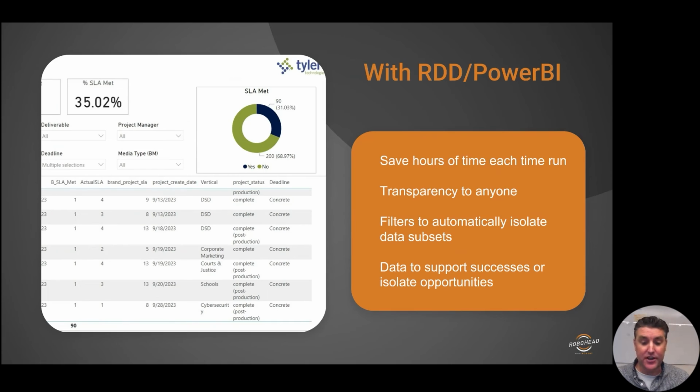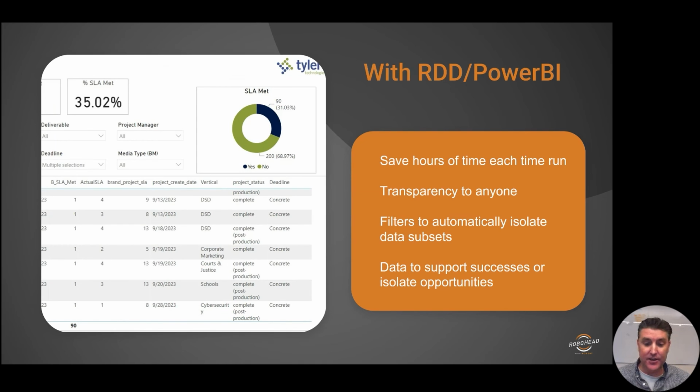So the integration enabled us to save hours of time for each report. It's available for anyone at any time to access with a minimal learning curve. It enables anyone to analyze different subsets of the data with the filters with just a click.